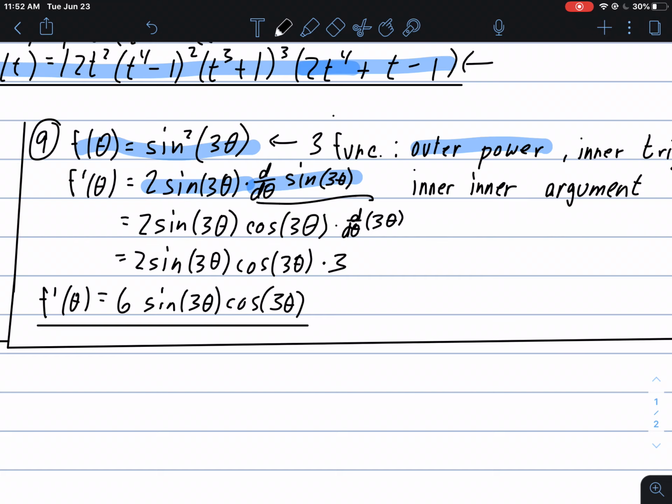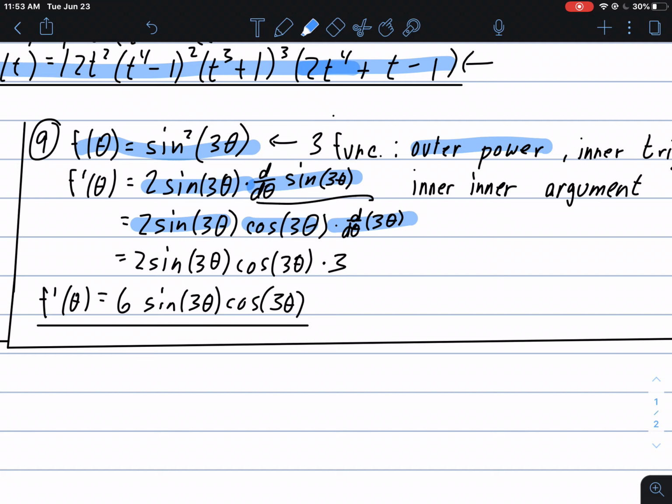So then my question is, how do you differentiate sine of 3 theta? Well, it's a trig function. So again, I just brought that down. The derivative of sine is cosine with respect to its argument times the derivative of the argument, right? That's our chain rule with a trig function. We differentiate the trig function times the derivative of its argument.